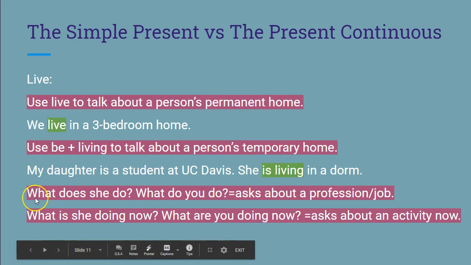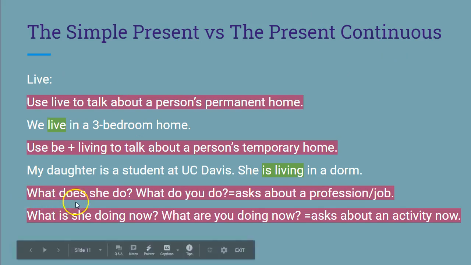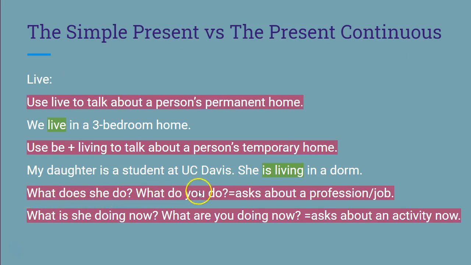Now, something else that slightly changes the meaning depending on whether you're using it in simple present or present continuous are these questions. If someone says, "What does she do?" or "What do you do?" they are asking about your or another person's profession or job.